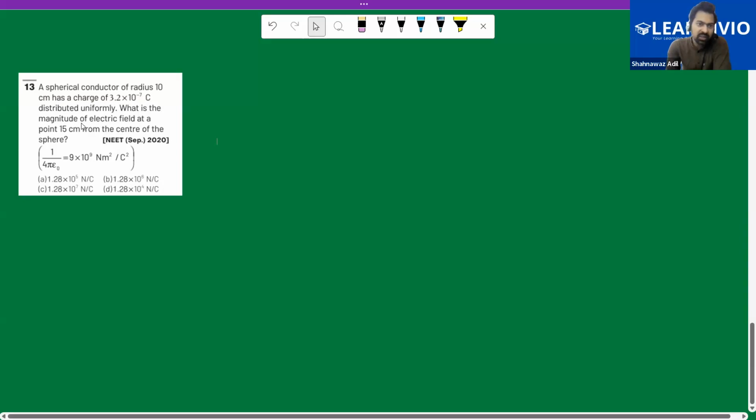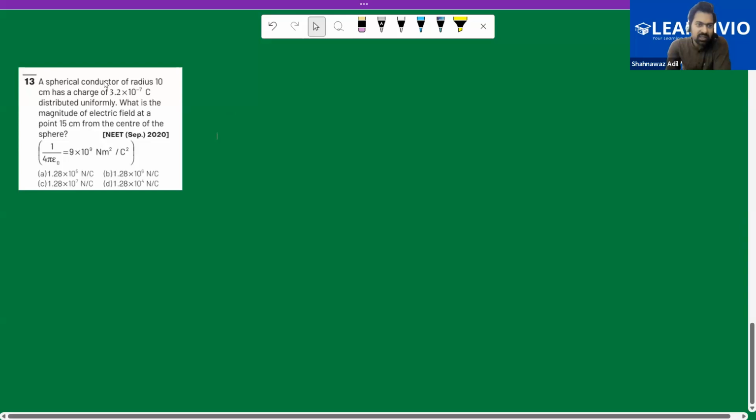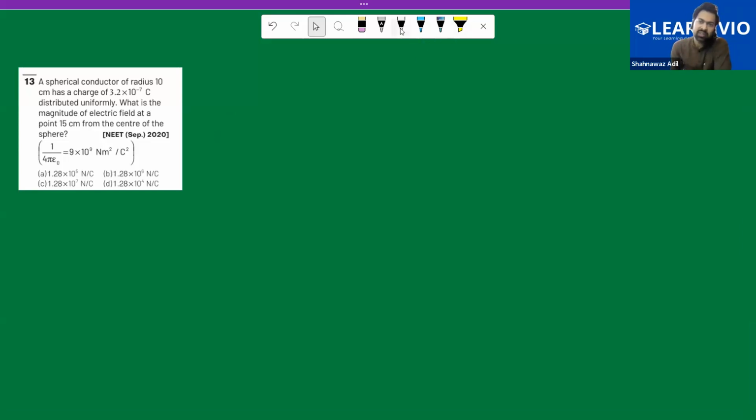What is the magnitude of electric field at a point 10 centimeter from the center of this sphere? So this is a spherical conductor. This part we have not studied, but I will just write that. This is the electric field of a conducting sphere.